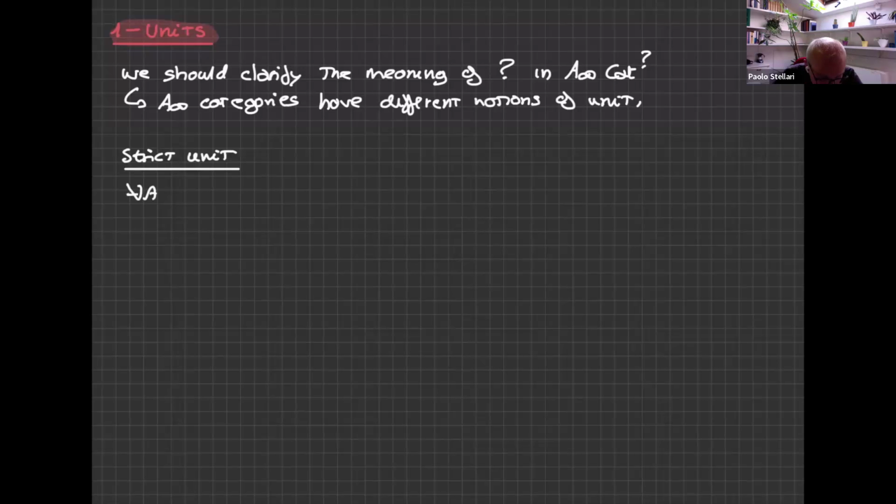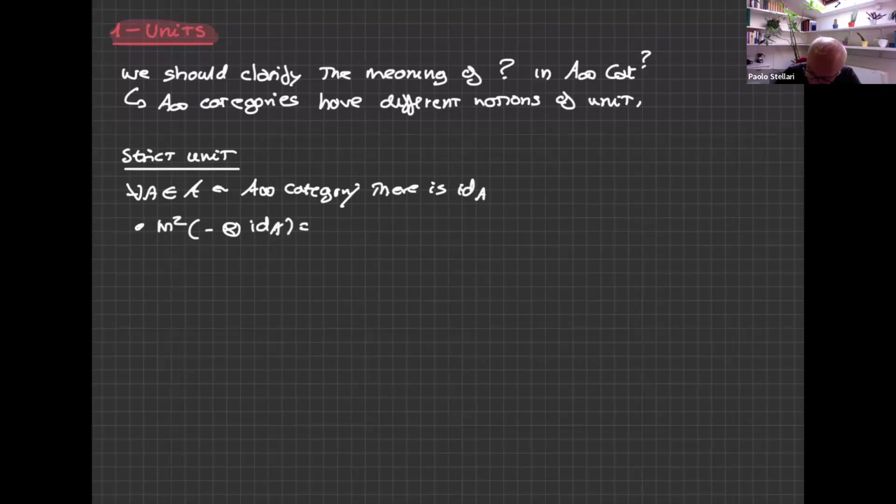It means that for any object in A, where A is an infinity category, there is the identity, which is a morphism closed of degree 0, such that if I take M2 between any morphism and the identity, then this is the same as the identity in Hom A prime.